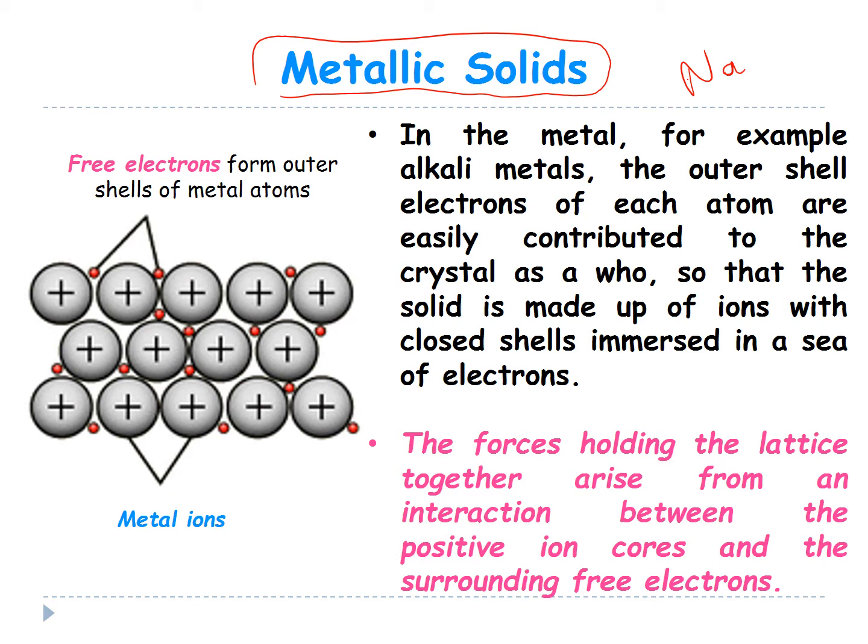So you have sodium plus, and electrons surrounding them. Schematically it will look like that, where these positive circles are the sodium core ions, and they are surrounded by a sea of electrons, so to speak.